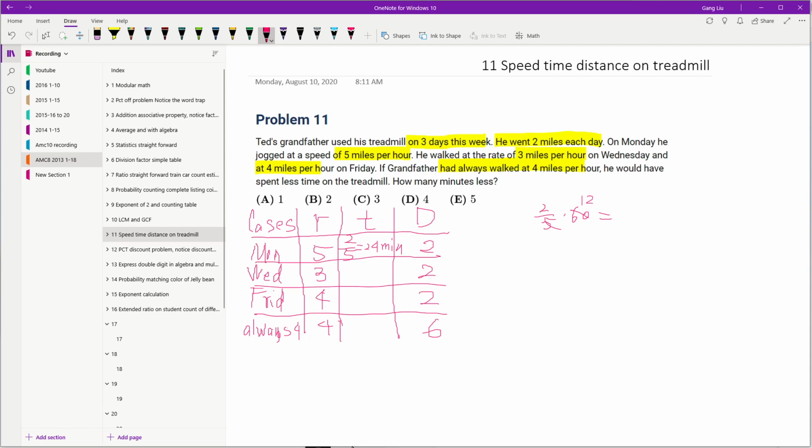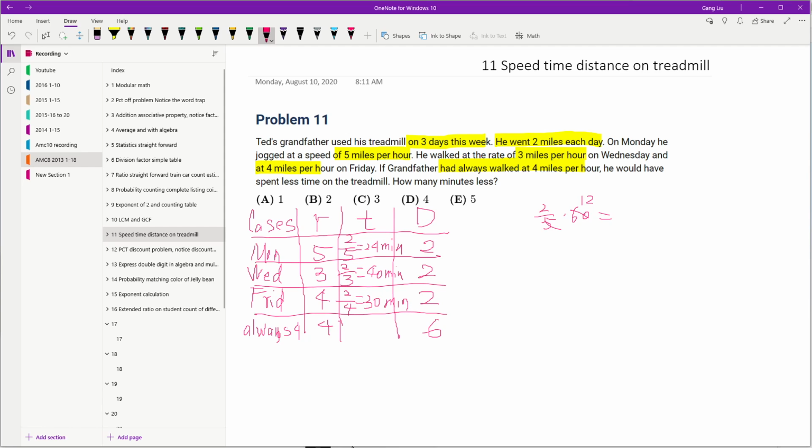And on Wednesday, it's going to be 2 divided by 3, that's 2/3 hour, going to be 40 minutes. And then Friday is 2/4 hour, that's going to be 30 minutes.